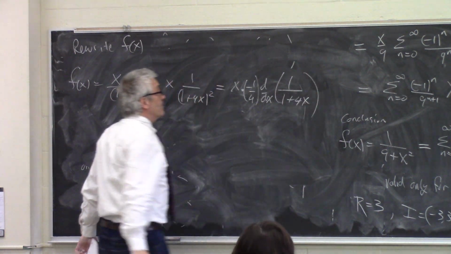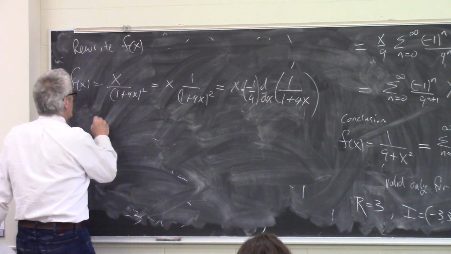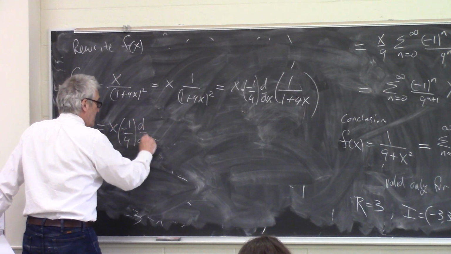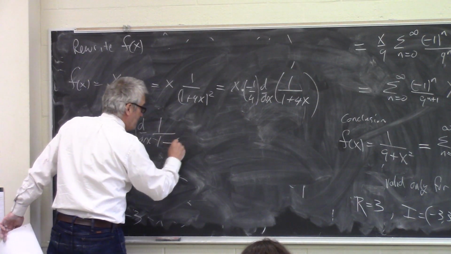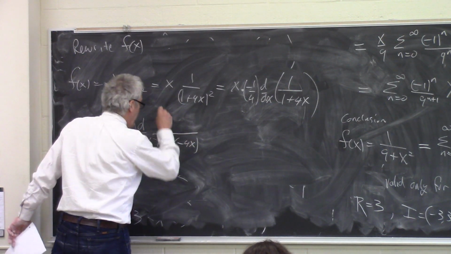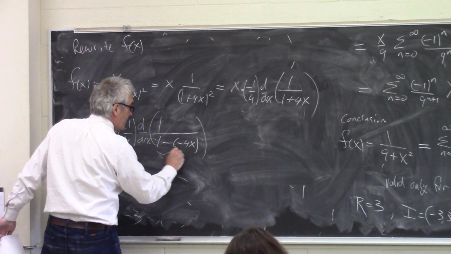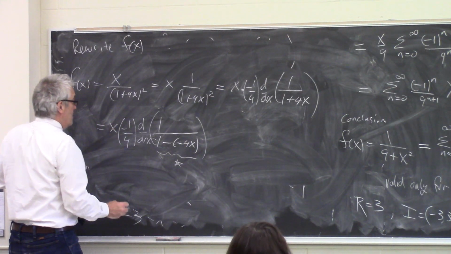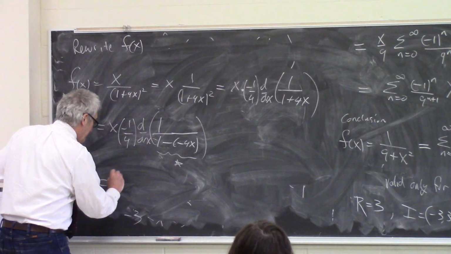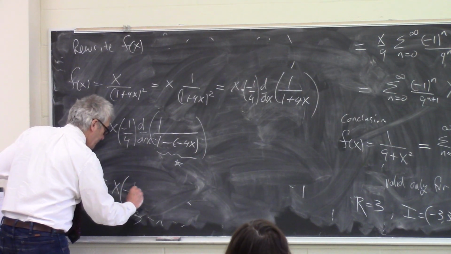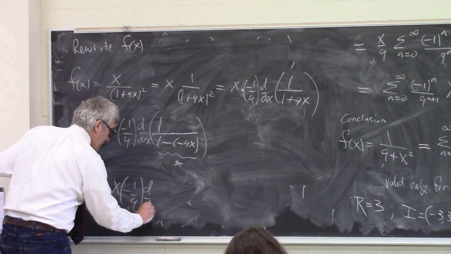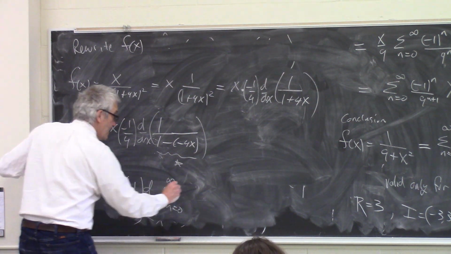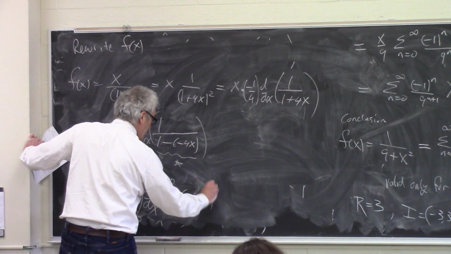So we're getting closer and closer to having a star in there. That's x times minus 1/4 times the derivative of 1 over 1 minus a minus 4x. There we go. There's our star. We've got one of our star things going on: 1 over 1 minus blah. And so I can replace that with the series. X times minus 1/4. I still have the derivative symbol sitting here, but this is the sum as n goes from 0 to infinity of minus 4x to the n.